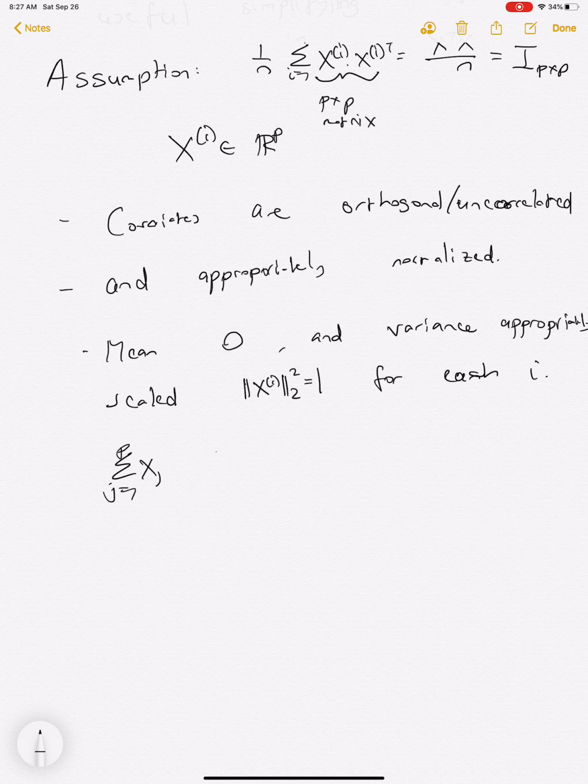Another way to think about it is that if you add up all the xij's, it's 0, and the sum of squares equals 1 for all i.